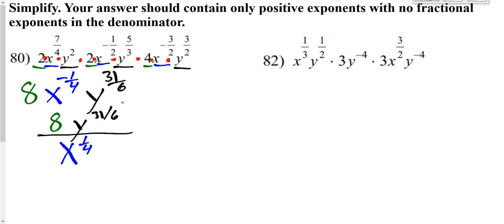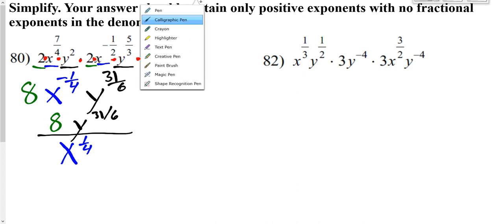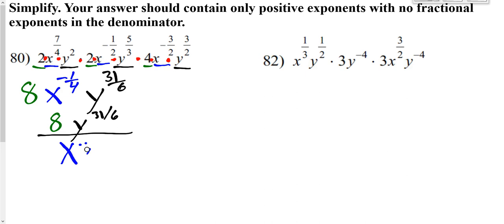Now, remember, a fractional exponent is really a root, and we don't like to leave roots in the bottom. Whether you think of it as an x to the 1/4 or raise it to a power or write it as a root, as in being the fourth root, does not make a difference. And to tie it into what we were doing before, I'm going to write this as the fourth root of an x.